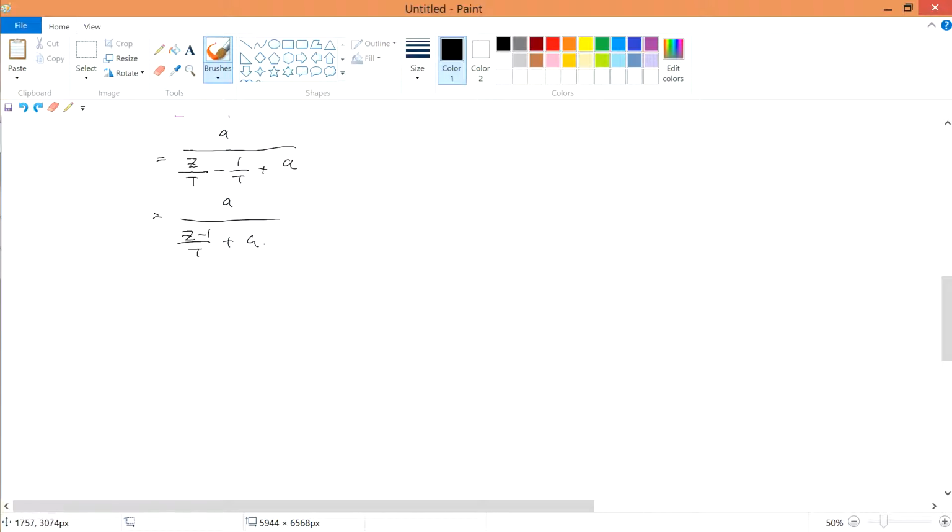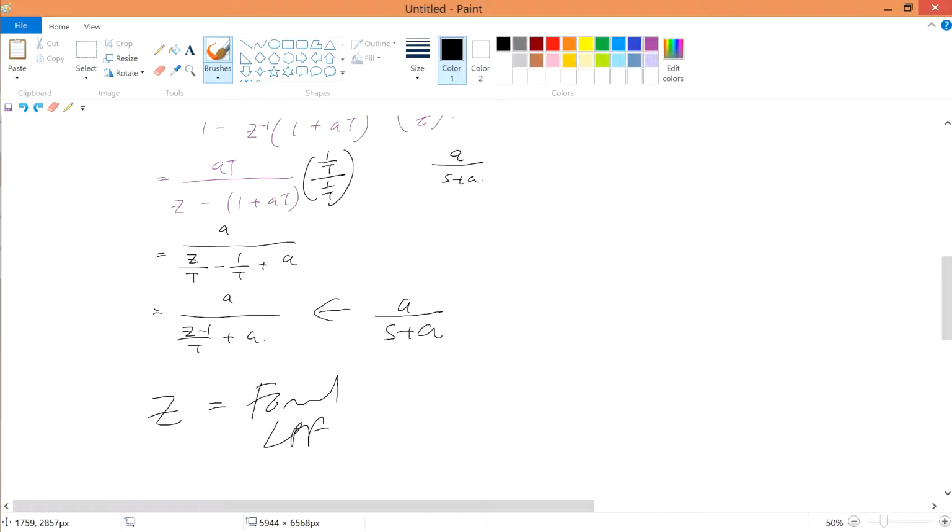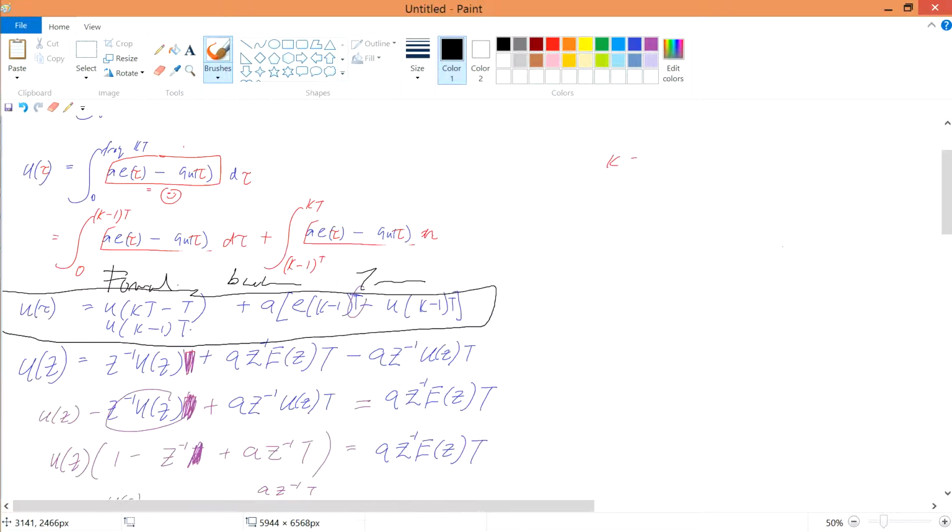So this is your representation of your low pass filter in the Z domain, where it is a forward low pass filter. Okay, this is a forward low pass filter. So the things go similarly for the low pass filter for your forward, backward, and your Tustin or your trapezoidal. Mainly, the critical step is at this particular step.